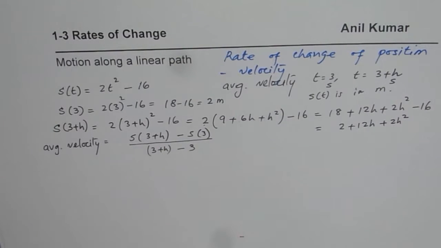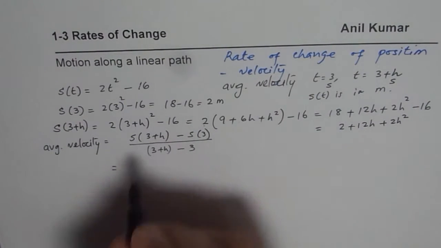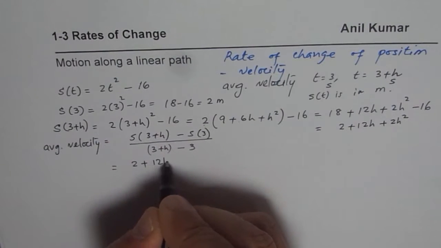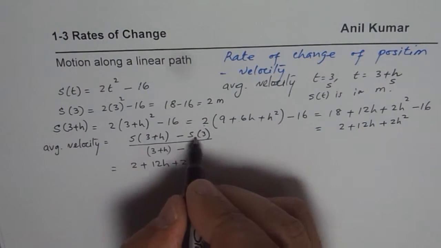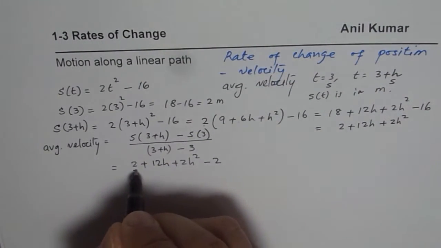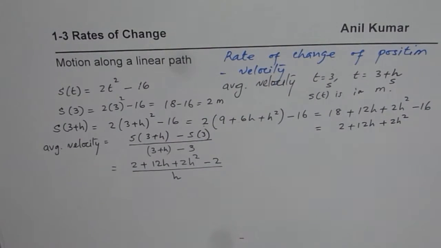We substitute s of 3 plus h, which is 2 plus 12h plus 2h square, and s of 3, which is 2 meters, so minus 2, divided by 3 plus h minus 3, which leaves h.